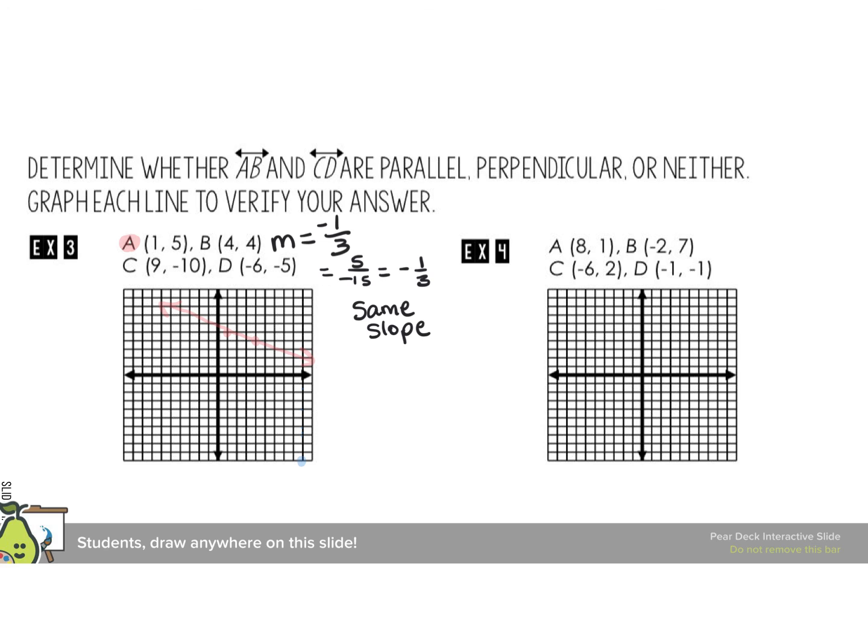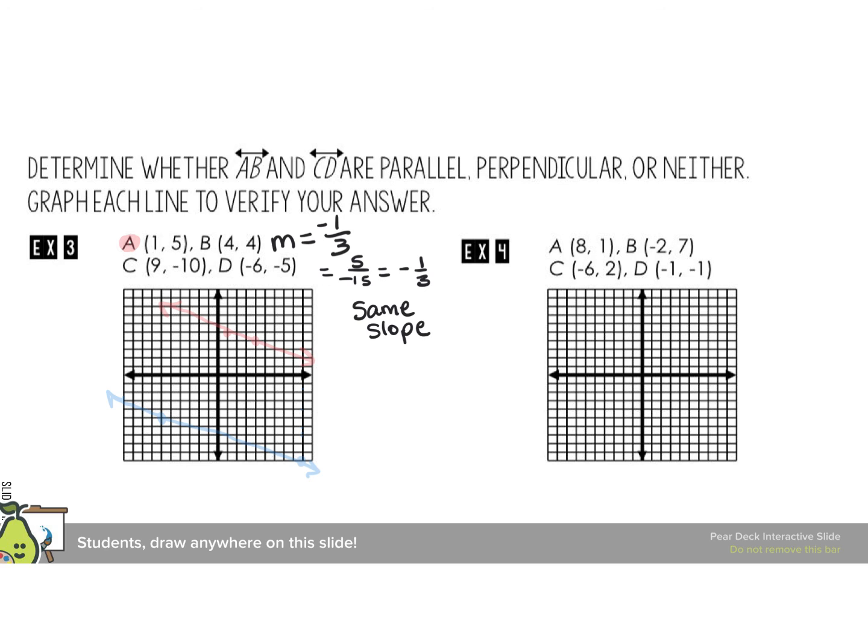Okay. And then the other point is -6, -5. So left 6. Okay, and that's there. And you can kind of see, if I can draw a straight line, that the lines here are parallel. They will never intersect. Okay, go ahead and do the next example on your own.